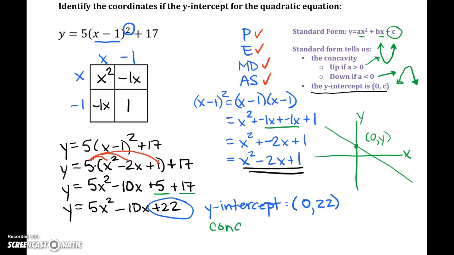So our concavity, we know that it is concave up because that leading coefficient, or the a value here, is a positive value. So it's going to be concave up. So that's how you identify the coordinates of the y-intercept when an equation is given in vertex form.